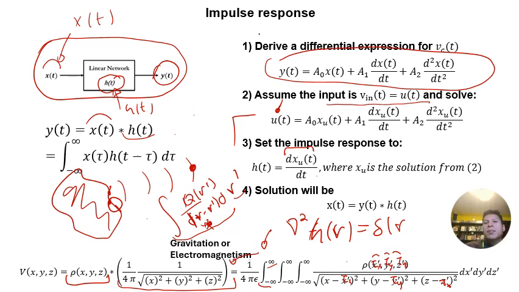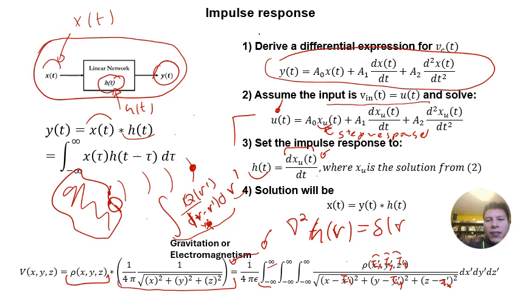Once we assume that, we come up with what we call the step response. The step response is the solution when the input is a unit step function. Then we just take the derivative of the step response, and that's going to be our impulse response.